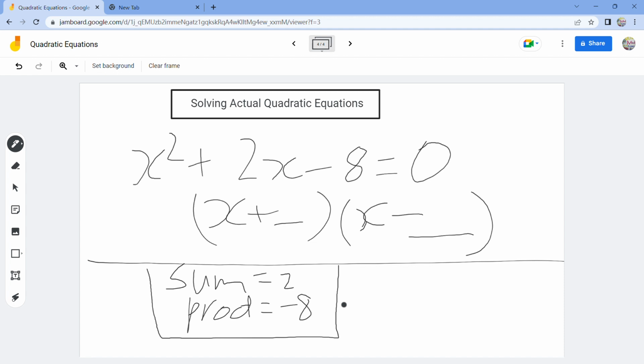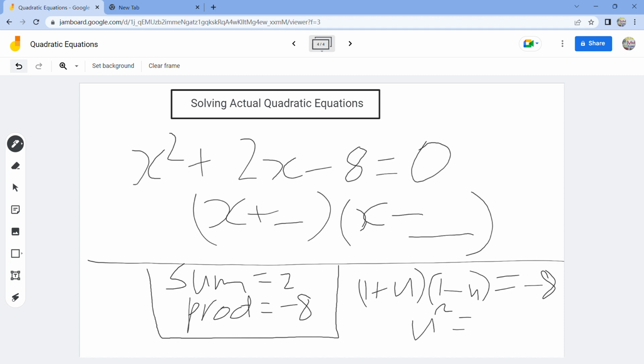So what we have to do here, 2 is broken down into 1 plus u and 1 minus u, and then the product equals minus 8. Okay? This is basically like saying Jill and Tom's ages add up to 2 and multiply to minus 8. What are their ages?